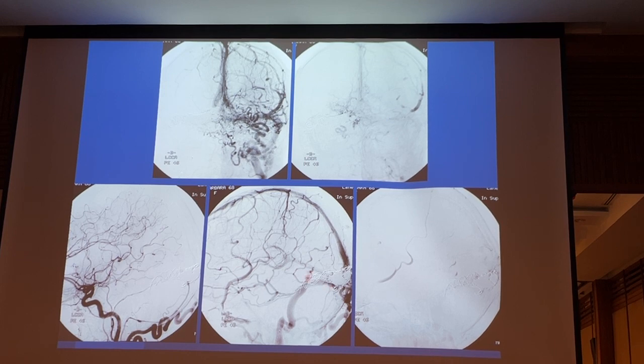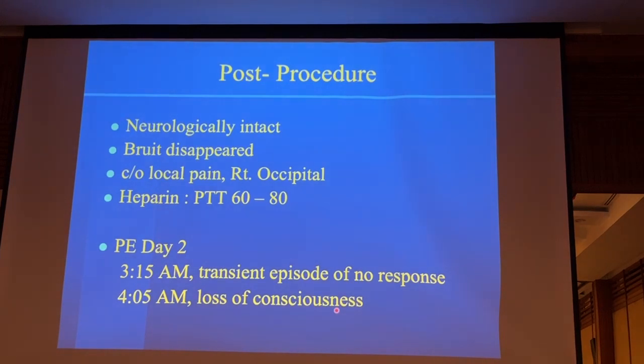You can see the stagnation of the vein. So I put her on a little bit of low-dose heparin, and she was fine the first day. The second day, early in the morning, she had a transient episode of no responses, and about 4 a.m., she lost consciousness completely.